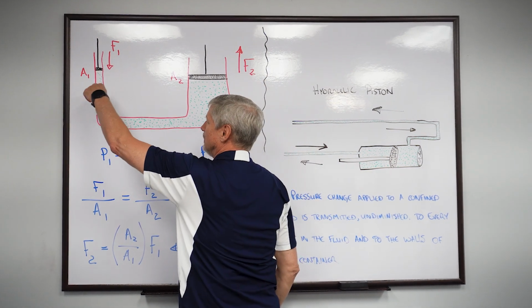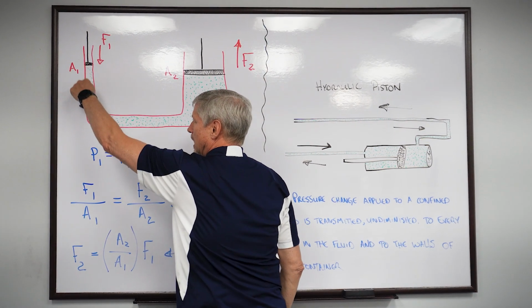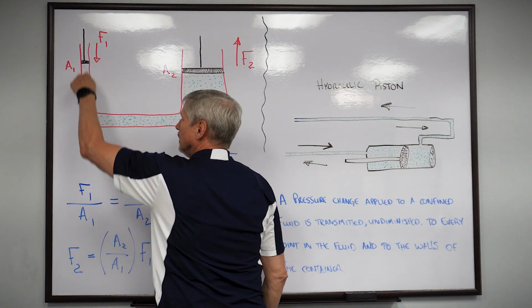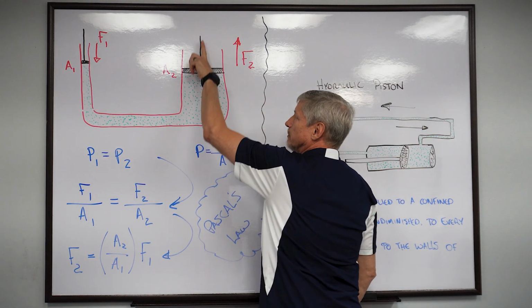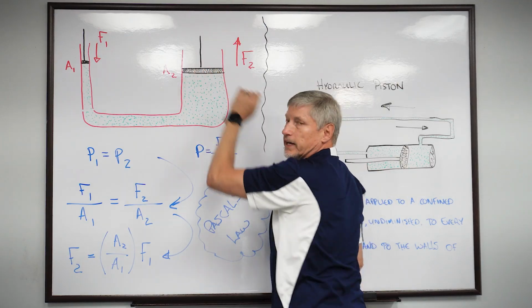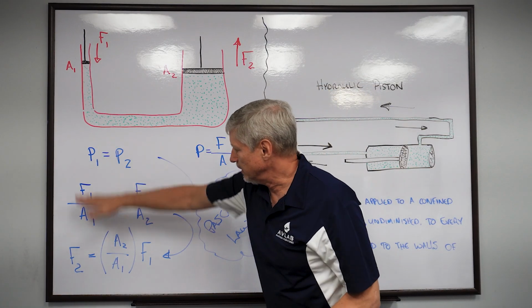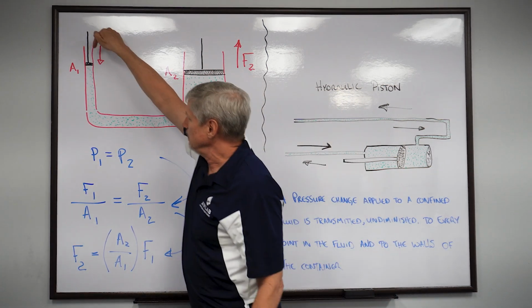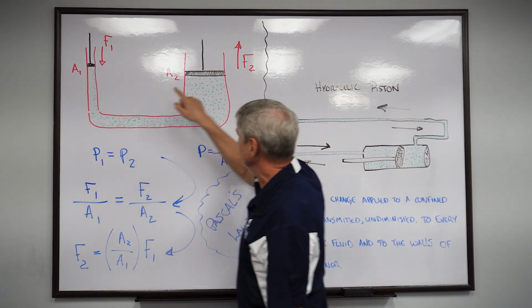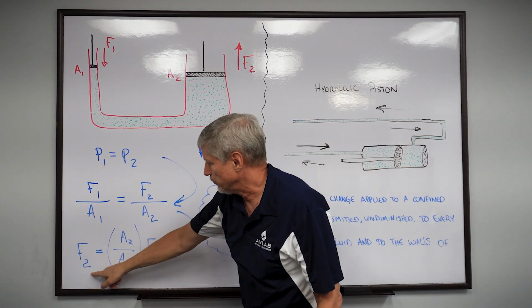In fact, what's happening there is that we're applying a lot more distance here with a small amount of force that gives us a large amount of force here, but a small amount of distance. If we use Pascal's law, we can calculate how much upward force we'll get based on the downward force and surface area here by using this formula here.